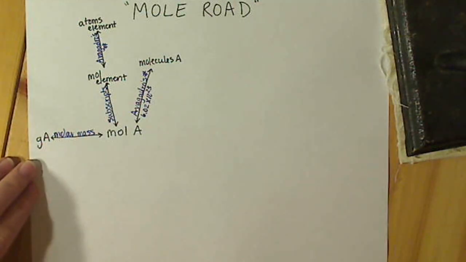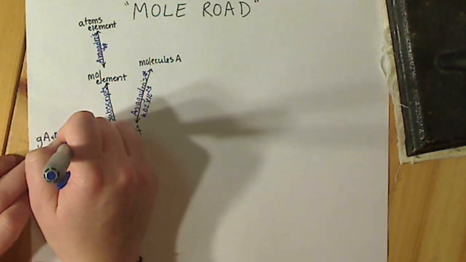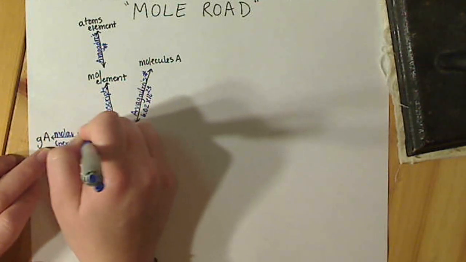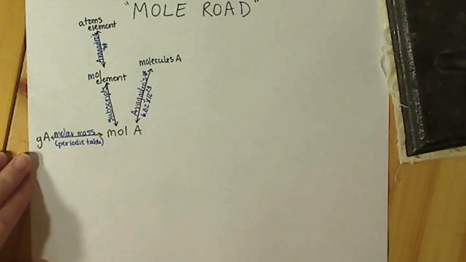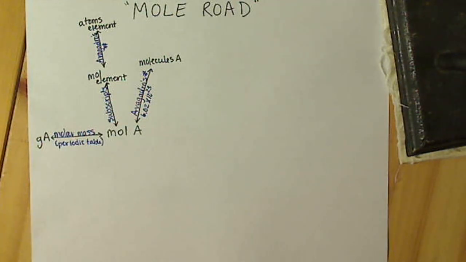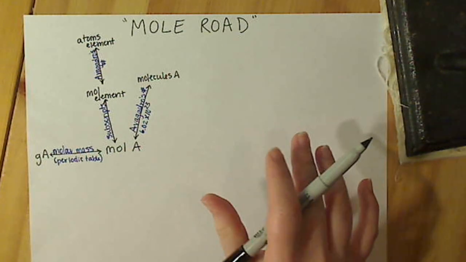And remember, we get our molar mass from the periodic table. Right? That was where we found that out. So that was the beginning of Chapter 6. Okay? And these were our basic calculations.